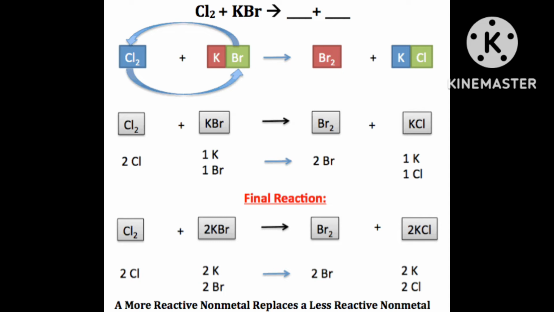Now the second example: Cl2 plus 2KI, potassium iodide. Here also the iodide ion is displaced by chlorine, forming 2KCl plus I2. 2KI was there, so two iodide ions form iodine. Iodine is a solid and its oxidation state is also 0.